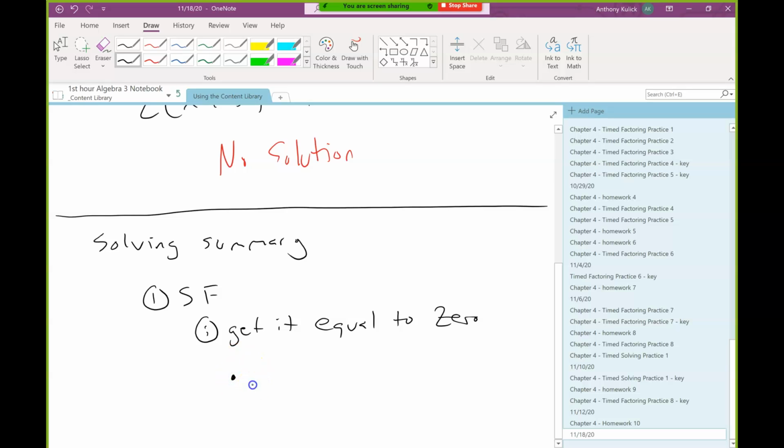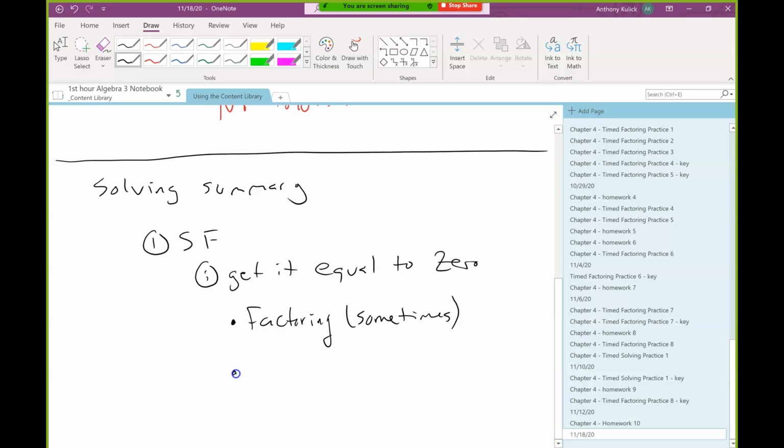And then you can use factoring sometimes, right? Because we know that not every quadratic is factorable for us, but some of them are. Or you could use the quadratic formula. And the quadratic formula works all the time. It always works.